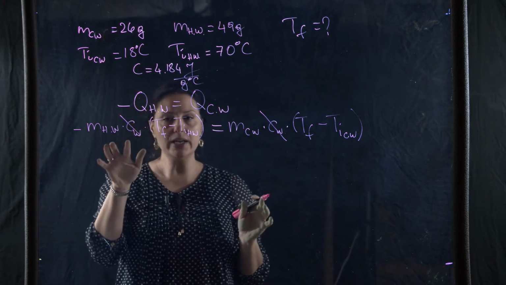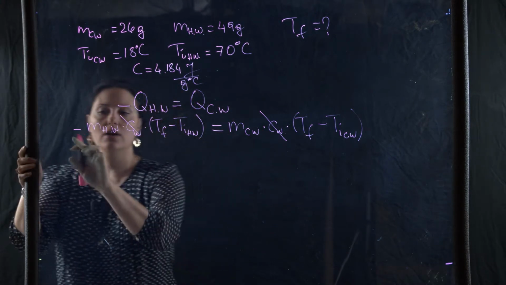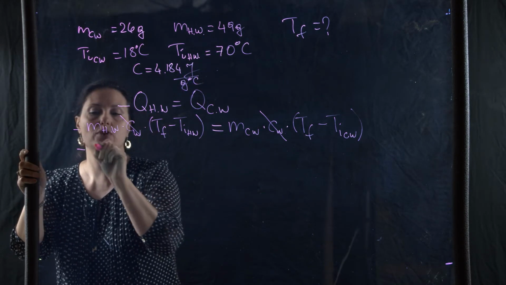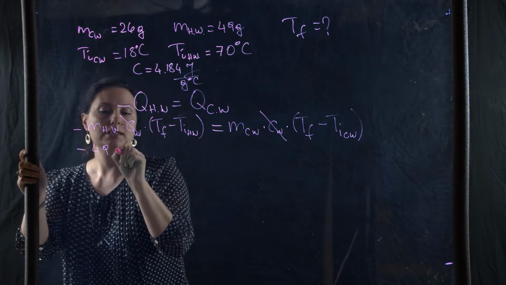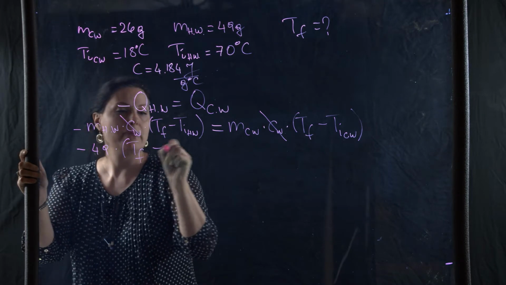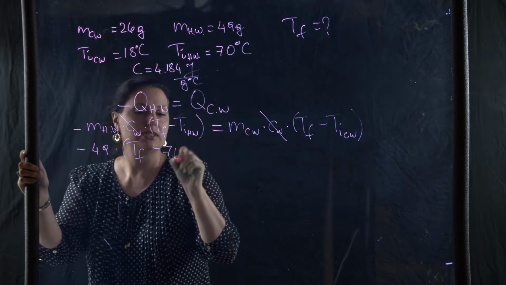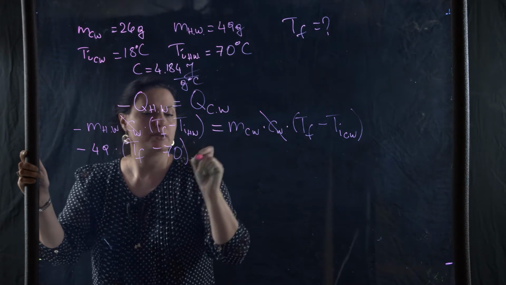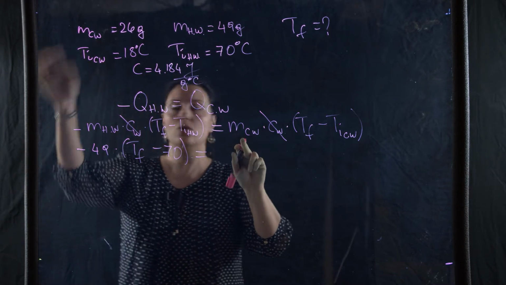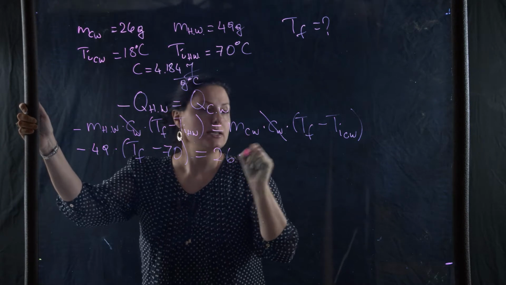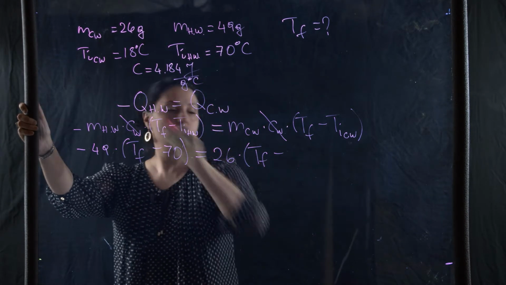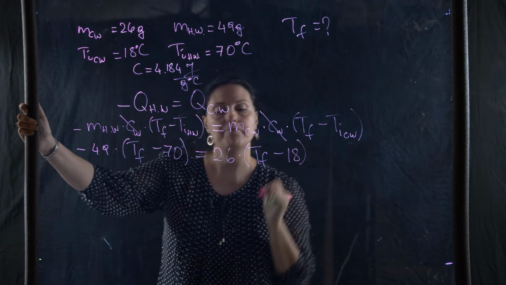Now I can go in and plug in the values. My minus the amount of the hot water, which is 49 grams, times T final minus the initial temperature, which is 70 degrees Celsius, is equal to the mass of the cold water, 26, times T final minus the initial temperature, which is 18 degrees.